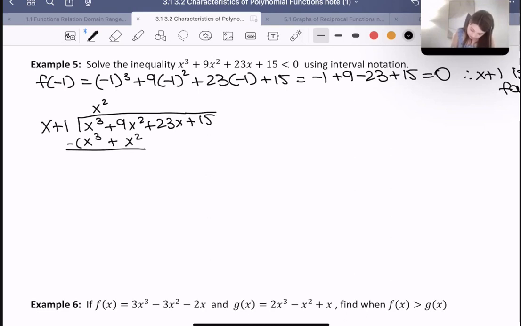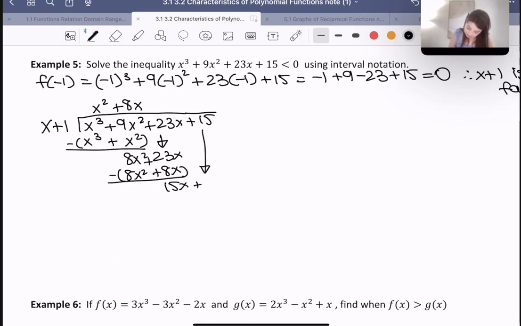Then we subtract and we get 8x squared. We bring down the 23x. How many times does x go into 8x squared? Well, 8x times. And then we get 8x squared plus 8x, and we subtract. And then we get 15x, and then we bring down the plus 15.